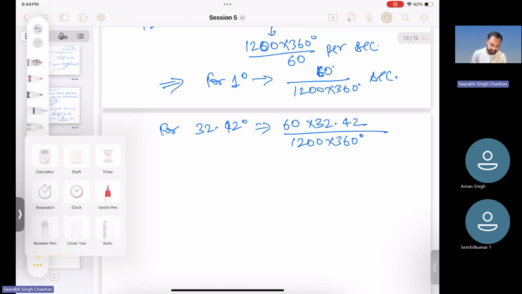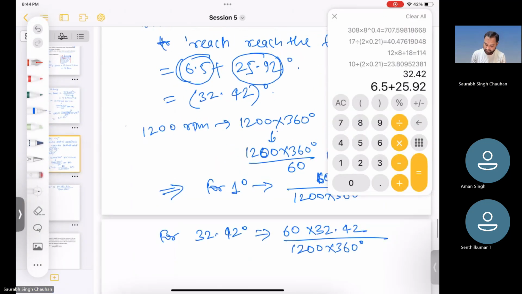So just calculate this. 60 times 32.42 divided by 1200 times 360, right?